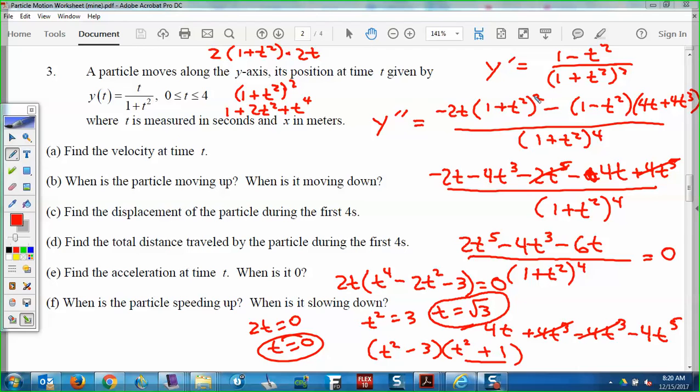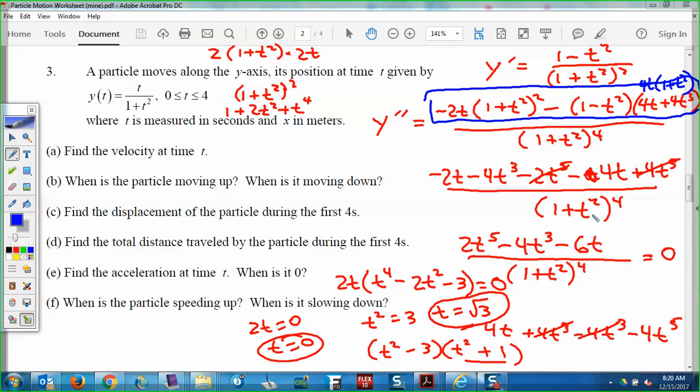Now, there is some other things we could have done that maybe would have made that a little simpler. Might not have had to FOIL as much. Some of you probably see it. Right up here, I could have factored out a what? Right here, if I wouldn't have distributed this through here, right? Right here, I have a 4t and a 1 plus t squared. I could have taken out a 1 plus t squared there.